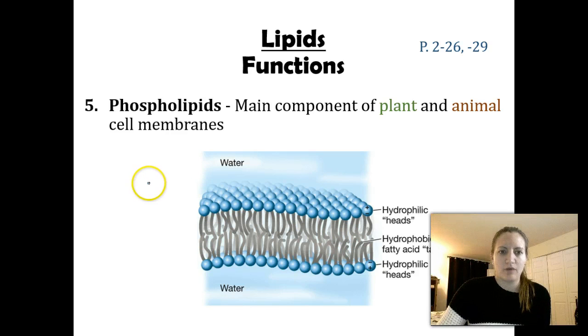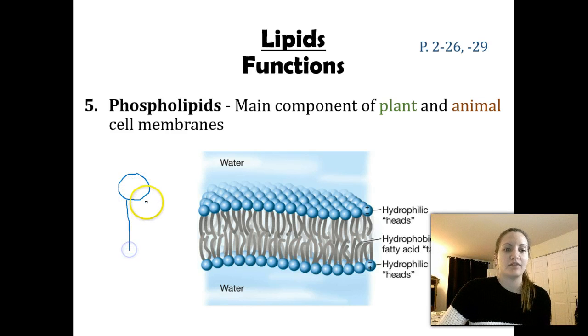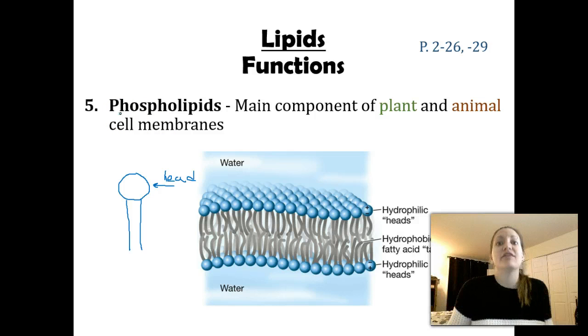I'm going to draw out an individual phospholipid, and that's the word you need to know, phospholipid. Here you have the head of the phospholipid. That head is the phospho, that phosphate. The tails are the lipids, so our fats.